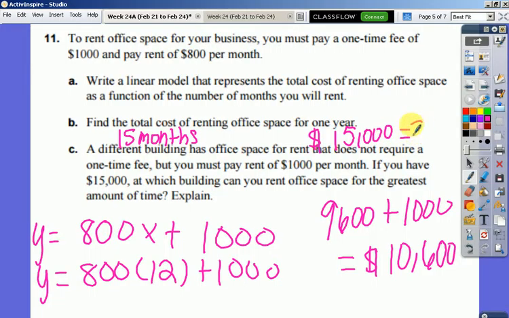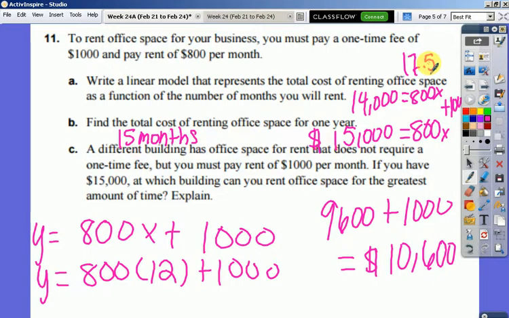And I want to see how many months that will get me for the first office. 800x plus 1,000. Does that make sense? If you subtract 1,000, you get 14,000 equals 800x. It turns out when you divide by 800, you get 17.5.